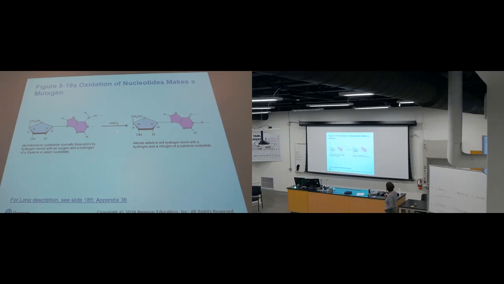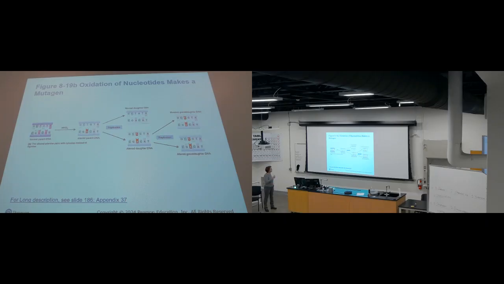And then when you add this HNO2, it will bind to these molecules and steal part of them. So we'll be altering these hydrogen bonds between the nitrogen and the cytosine nucleotide, and then you will have an oxidation of a nucleotide that is not useful for the DNA polymerase.